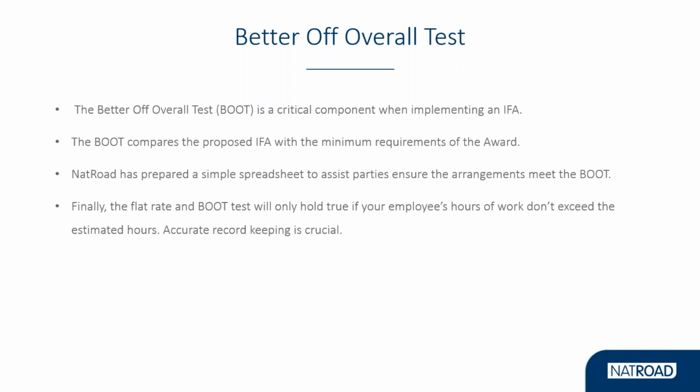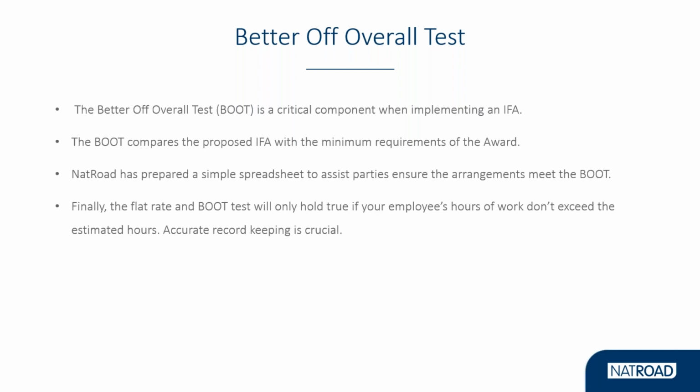Now, one of the key things to remember is that there is a bit of crystal ball gazing. You need to work on the basis of the potential highest earnings the employee may earn per week.